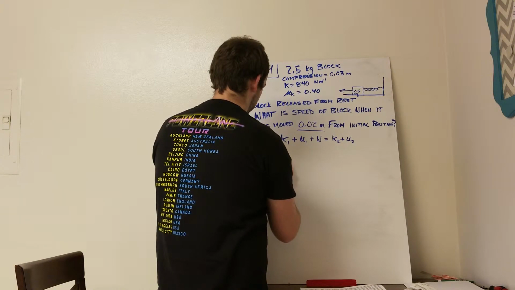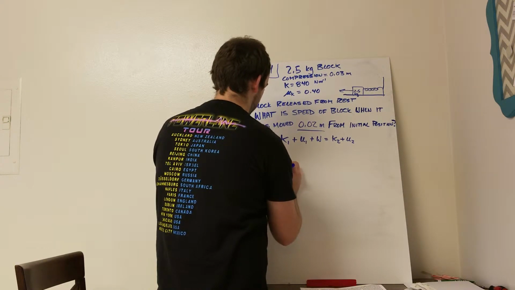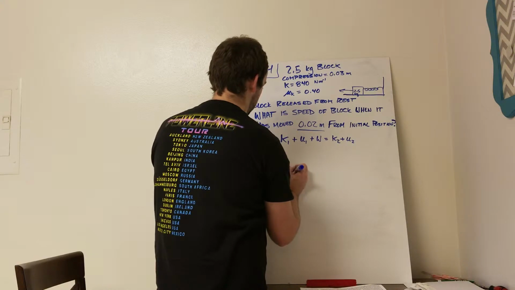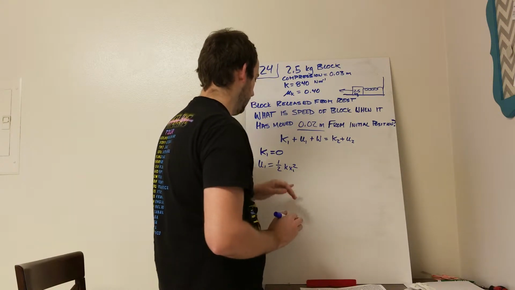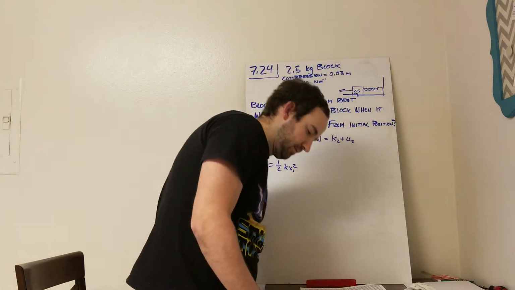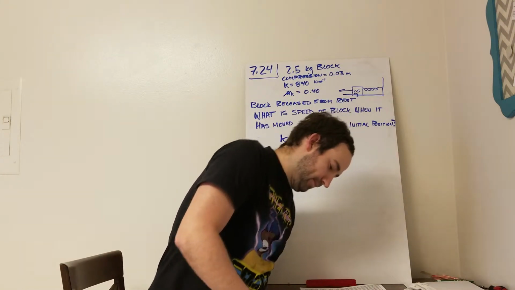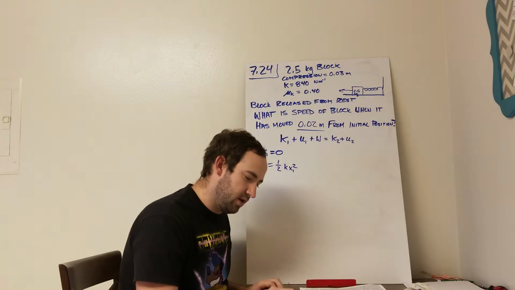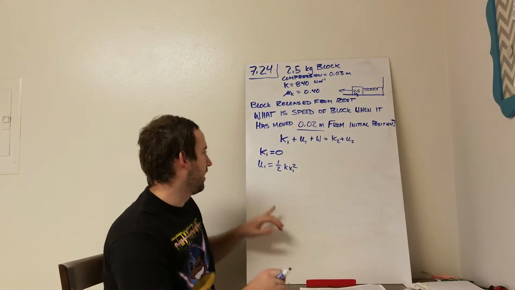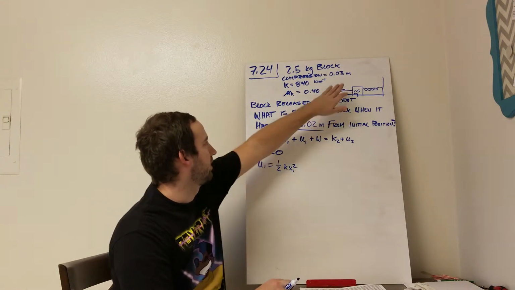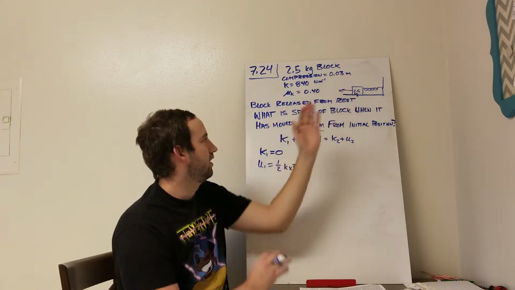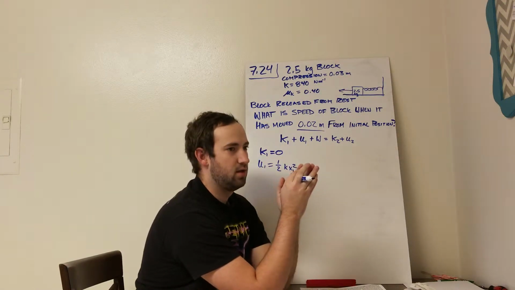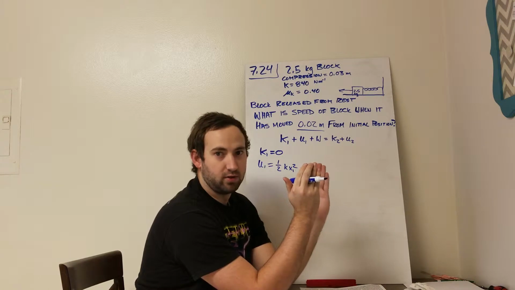U1 equals 1/2 k x1 squared. And now what we do is we plug everything in that we know. So we know that our x1 is going to be that compression, how far this block is from that equilibrium point.